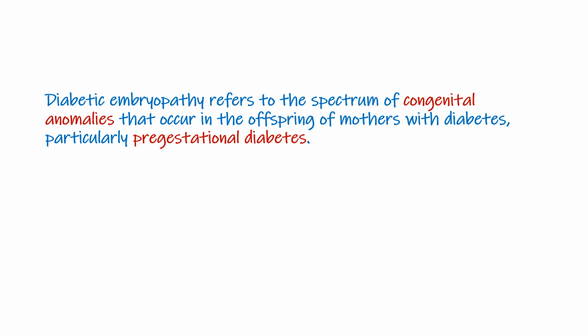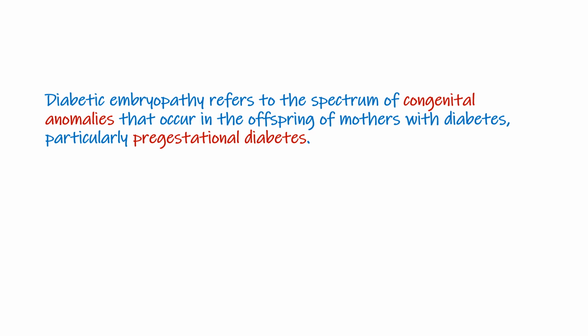Diabetic embryopathy literally refers to a spectrum of congenital anomalies that usually takes place in the offspring of a mother with diabetes, particularly pre-gestational diabetes. This occurs because the mother already has pre-existing diabetes before conception. So during the first trimester, we already have diabetes, and this diabetes disrupts the process of organogenesis.